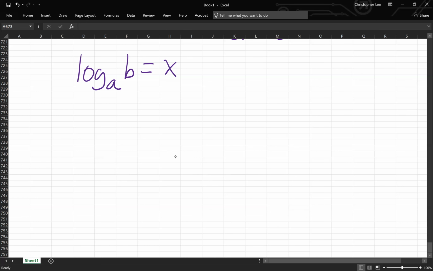So what this means is I look at the base now. For base A, I want to raise that to the x power and let that equal B. And that's how you go back and forth. Sometimes you need to do this because log is kind of hard to do, but it's easier to get an answer through the base.